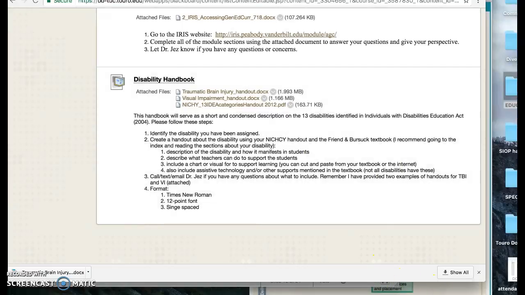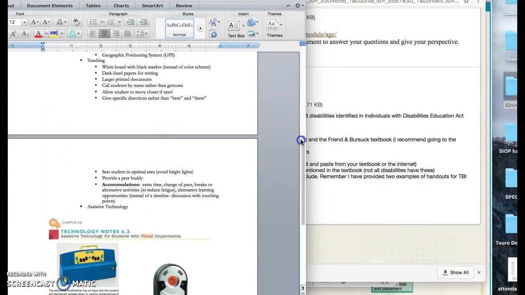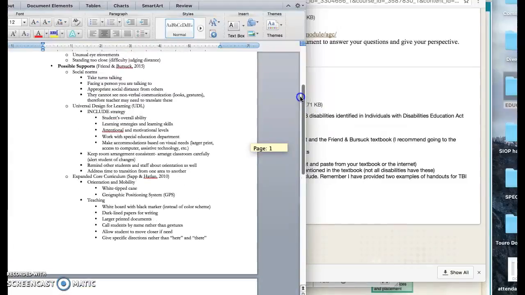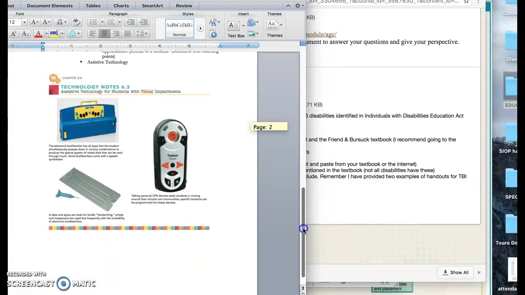I showed you two examples. One was visual impairment, describing what it looks like, and then possible supports a teacher could give depending on what the student needs, and the assistive technology piece, which I took right out of your book.